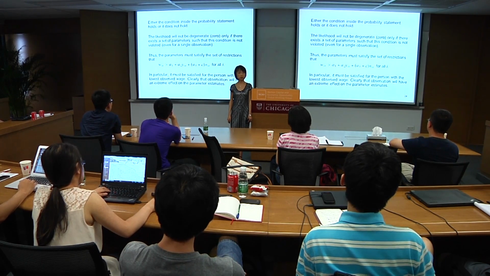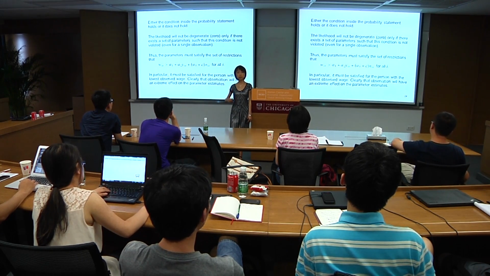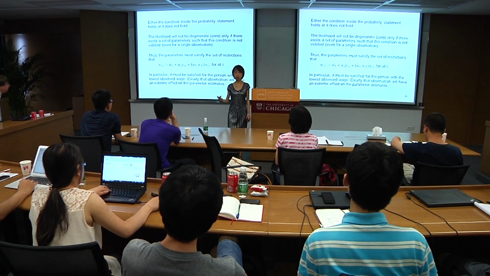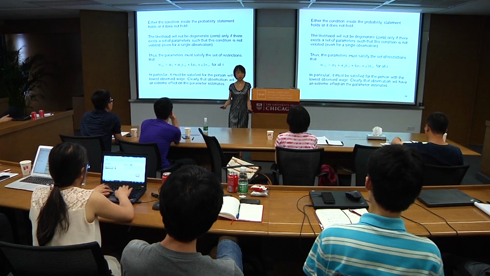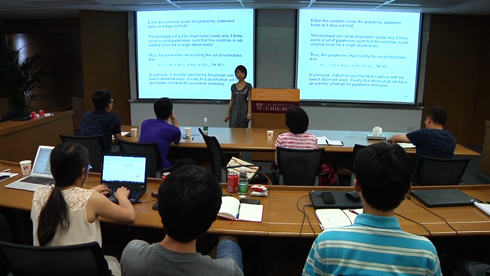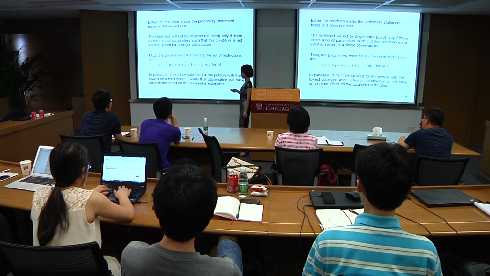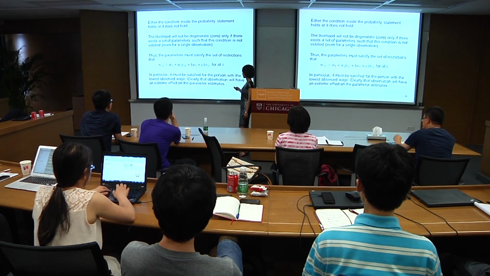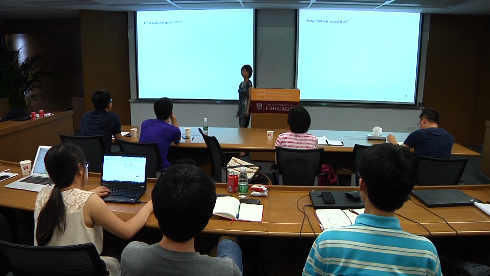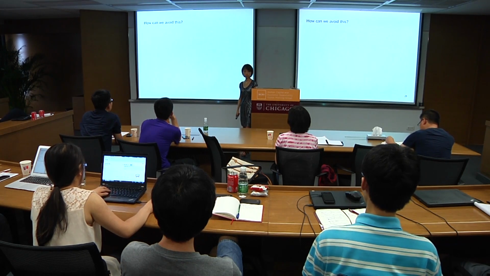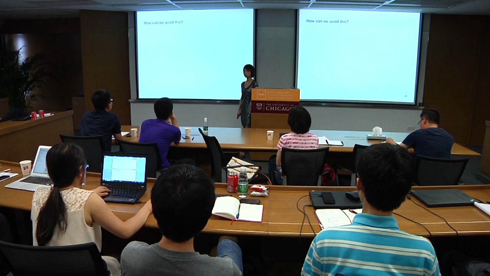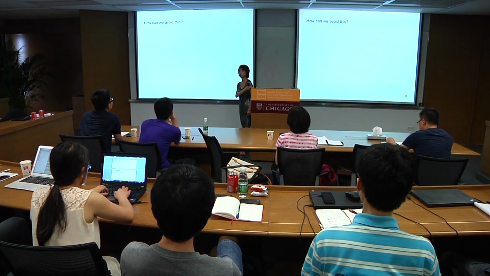So the likelihood will try to find the alpha such that this person is good. So that is bad. We don't want that in our estimation. So how can we avoid this? How can we avoid the degenerate likelihood?